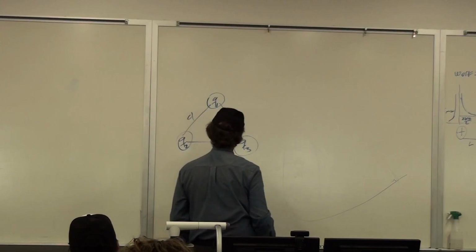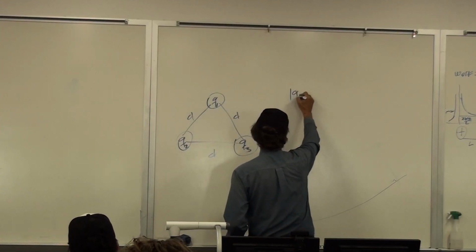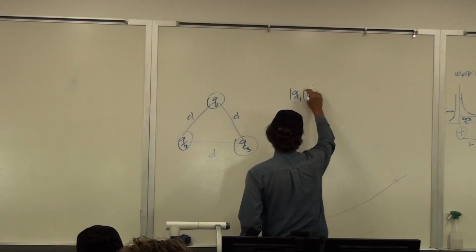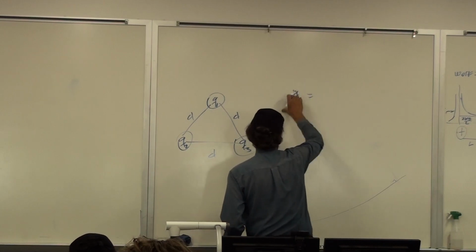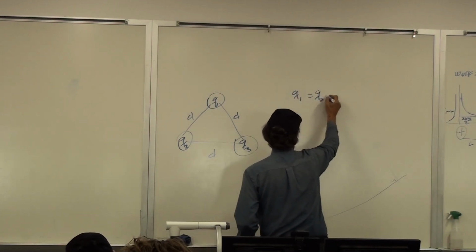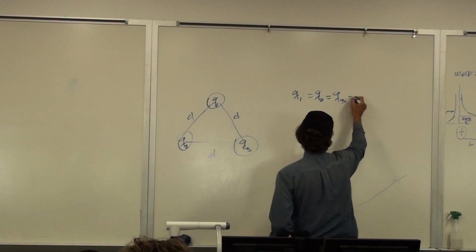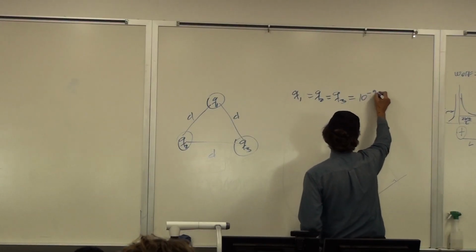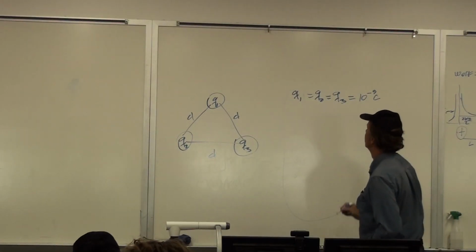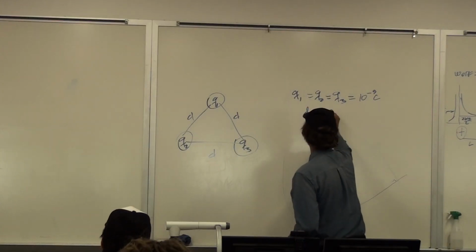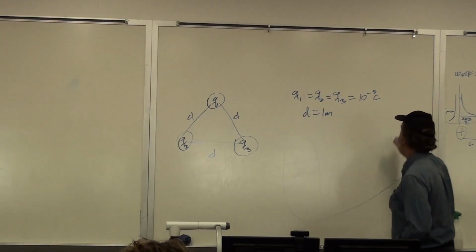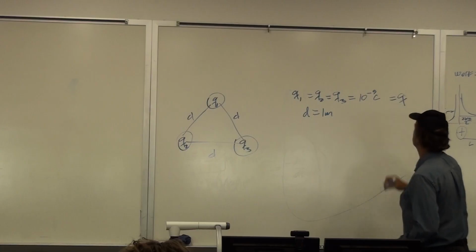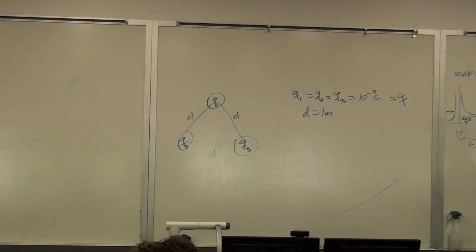And for simplicity here, let's say they're all positive. Q1 equals Q2 equals Q3. You can set that as 10 to the minus 5 coulombs, just for fun. And d, let's say, is 1 meter. So I could also call this just some generic Q if I want.